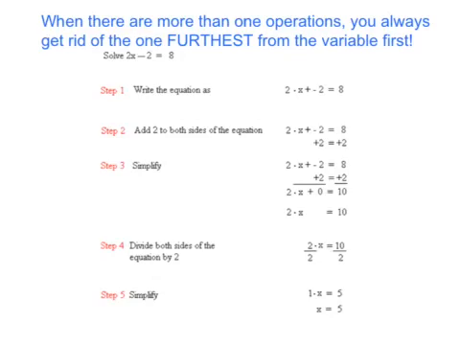So if you take a look at this example, it says 2x minus 2 equals 8. So the two operations I have here are multiplying and subtraction. That's why it's a two-step equation. And what is further from the variable? Well, this 2 is furthest from the variable, so I'm going to get rid of it first. Well, how do we get rid of a minus 2?